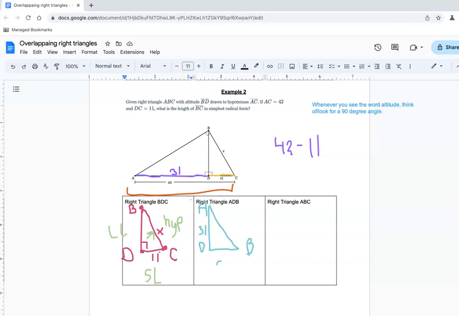But we could label it, right? This is your short leg. And this is our hypotenuse. And this is obviously going to be the long leg. And last but not least, we're going to draw the big triangle.